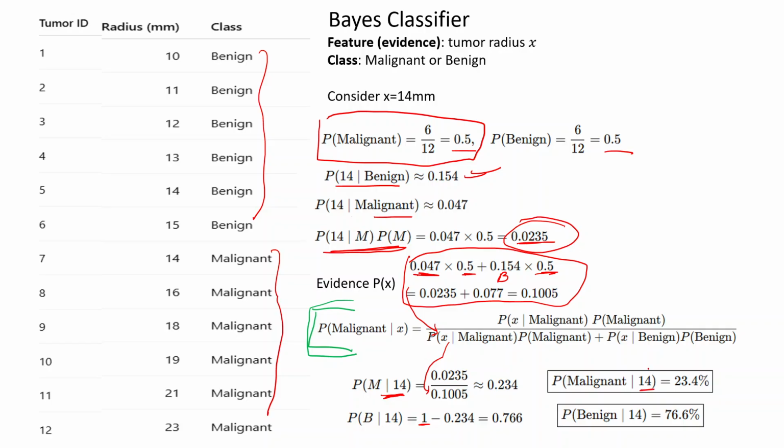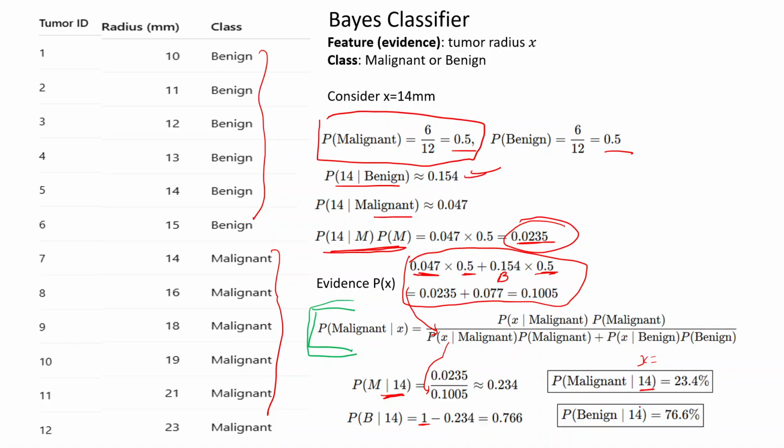That is, we are asking the question, if the radius X is 14, what is the probability that it may belong to the class malignant? Similarly, we are asking the question, if my tumor radius is 14, what is the probability that it may belong to the benign class?